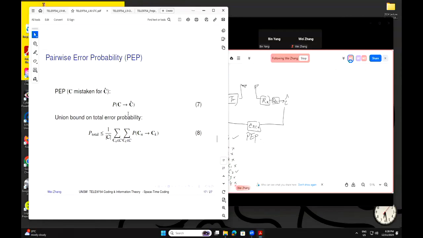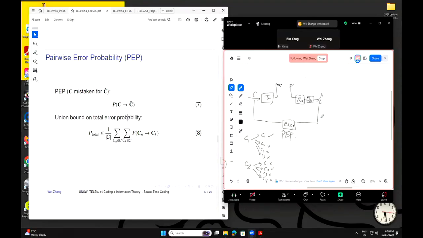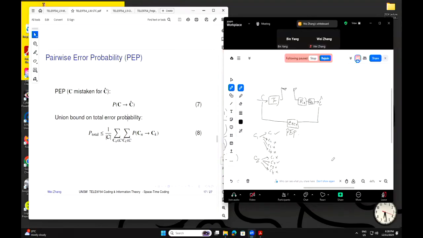So that means you may have sent out different versions of the signals. Okay? So then you need to consider all the average. That means the average error probability. For example, if I send C1, how many cases do I get wrong? That means if you got C2, C3, C4, you will get mistakes.